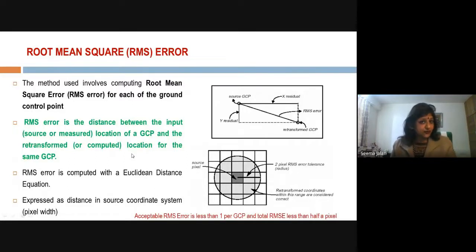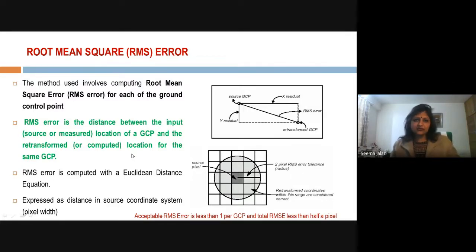Each set has one image coordinate, small xy, and one real world map coordinate, capital XY. Using those, I have built the equations and calculated the 6 coefficients.